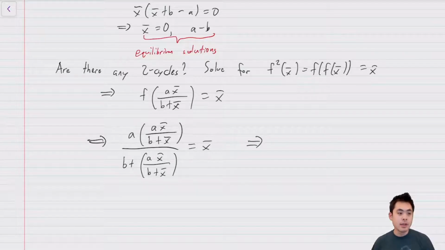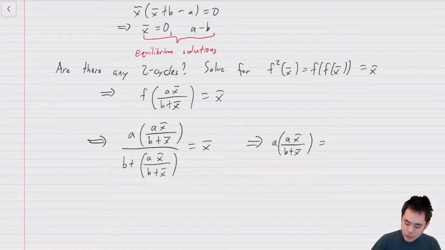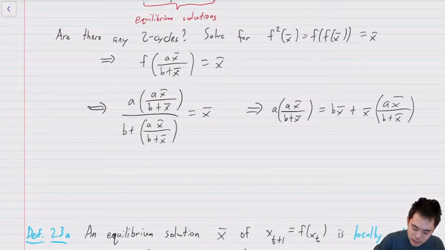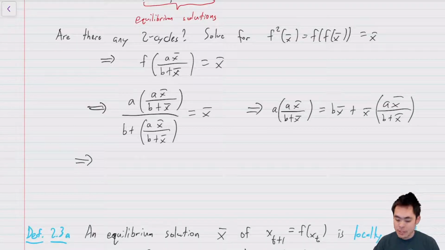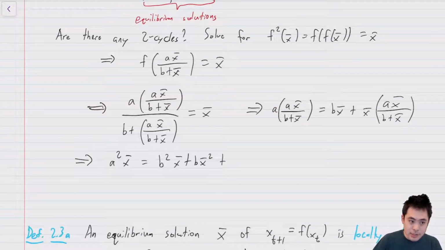So if we multiply both sides by this term here, you get that a times a x bar over b plus x bar is equal to b x bar plus x bar times a x bar over b plus x bar. And if we keep on going, multiply both sides by b plus x bar. So you end up getting a squared x bar is equal to b squared x bar plus b x bar squared plus a x bar squared.